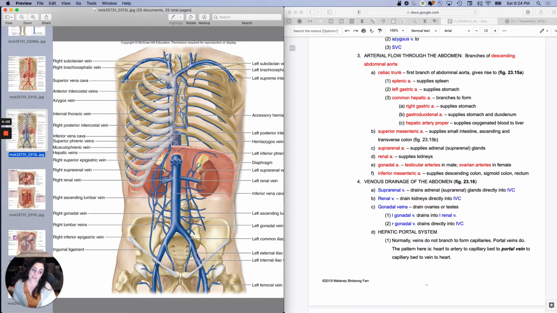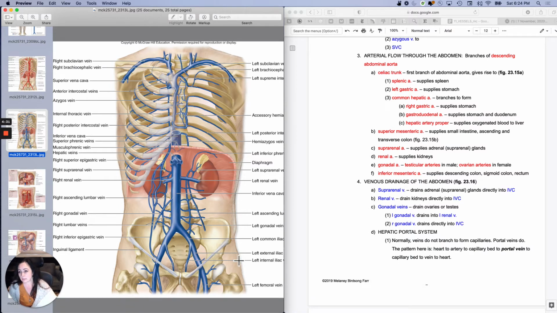There are potentially funky pathogens and toxins in there. And what has to happen is I need to gather all of that blood up, and I need to send it through the liver. Those big sinusoid capillaries in the liver will have surveillance on the blood that's going through and take out toxins and pathogens before you dump it back into the inferior vena cava. So this is a strange flow pattern, but I can explain to you why it exists, and hopefully it will make more sense to you.